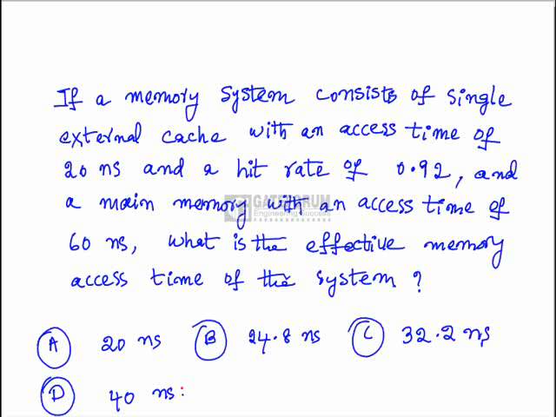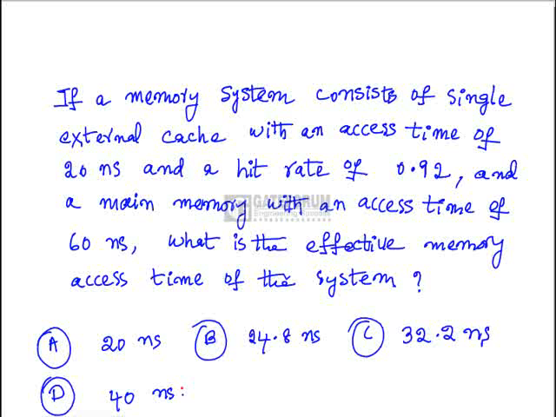If a memory system consists of a single external cache with an access time of 20 nanoseconds and a hit rate of 0.92 and a main memory with an access time of 60 nanoseconds, what is the effective memory access time of the system? So here there is only one external cache whose access time is 20 nanoseconds, the hit rate is 0.92, and memory access time is 60 nanoseconds.